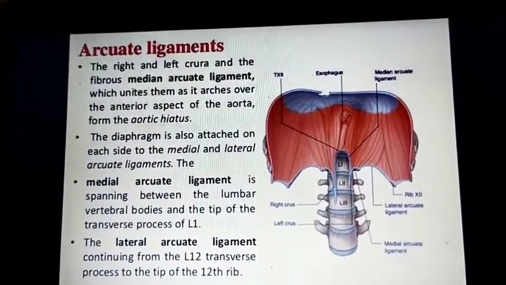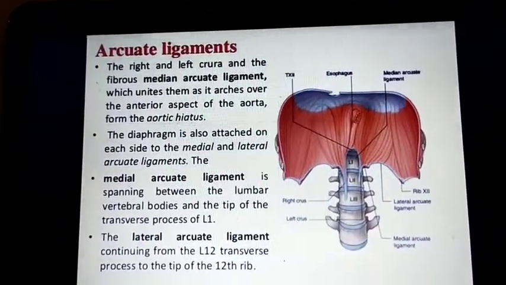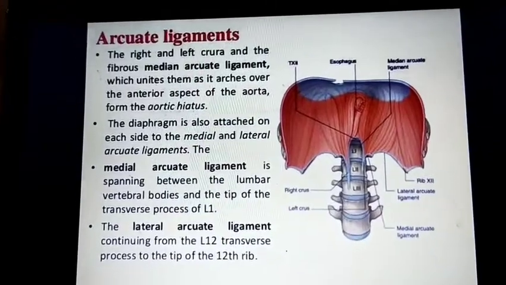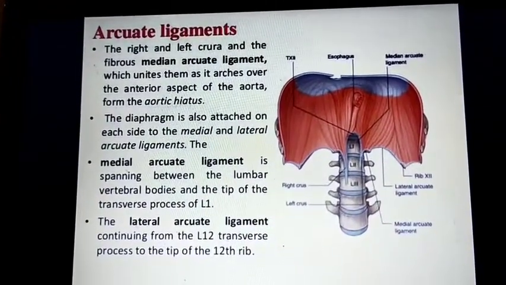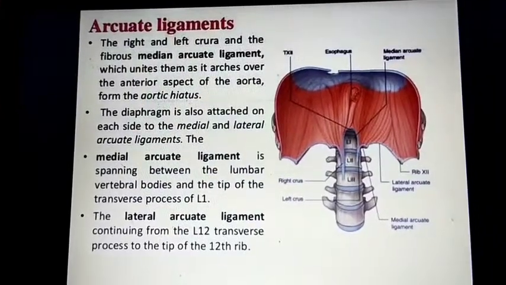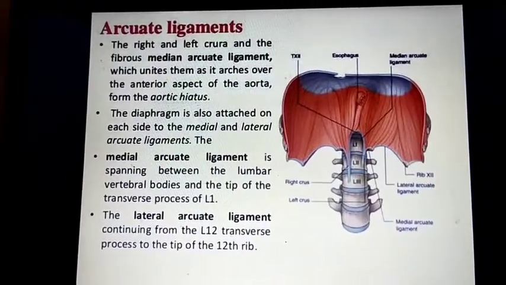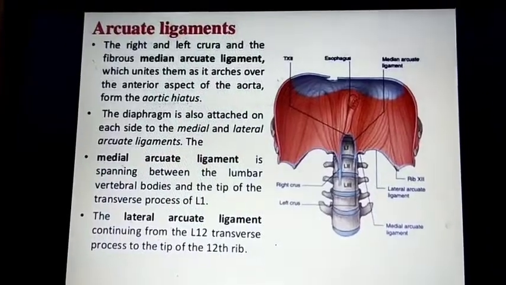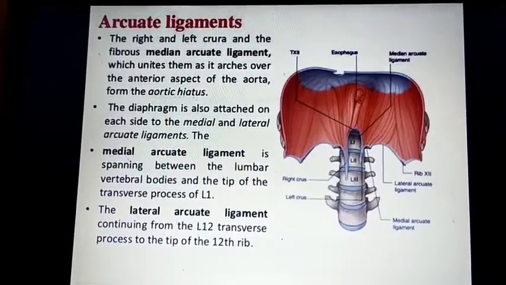Now you can go for the arcuate ligaments. The right and left crura and the fibrous median arcuate ligament, which unites them as it arches over the anterior aspect of the aorta, forms the aortic hiatus.